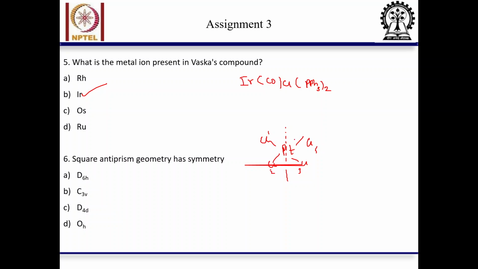So we have a C4 axis along the z direction. Now we have C2. Suppose we take any line this way. Can you see this line, 2 to 4? If we rotate it, basically 1 will become 3 and 3 will become 1.